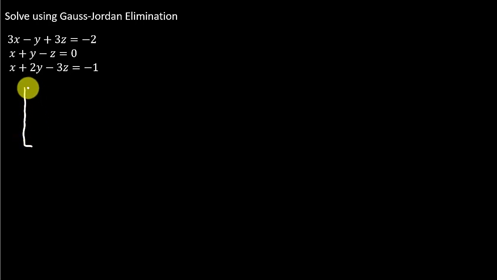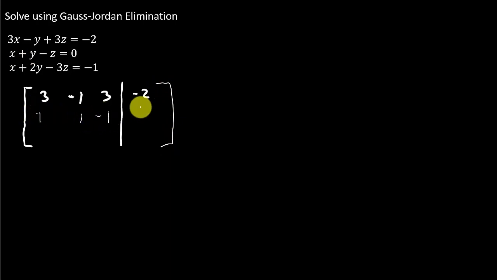So let's see, we've got 3, -1, 3, -2. And then we've got 1, 1, -1, and 0.